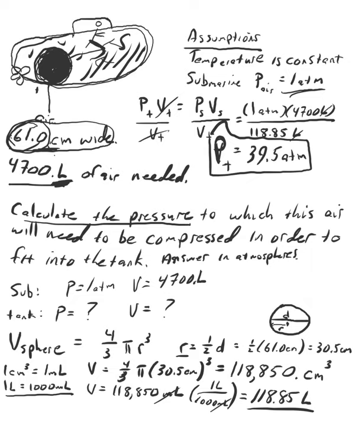So that one's a little more involved because you got to do a little bit of geometry. So if you get these kind of problems where they're giving you the size of something, you can say, hey, the volume of a sphere is 4/3 pi r cubed, where r is the radius, which is 1/2 the diameter, right?